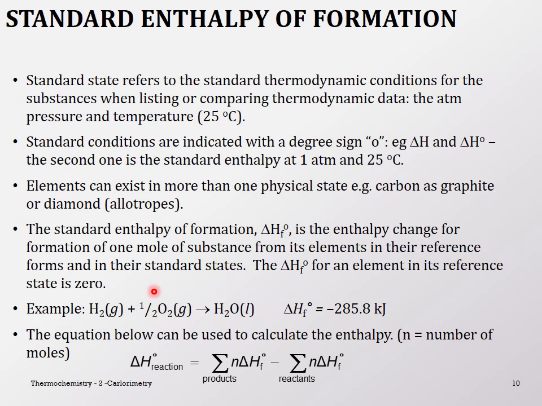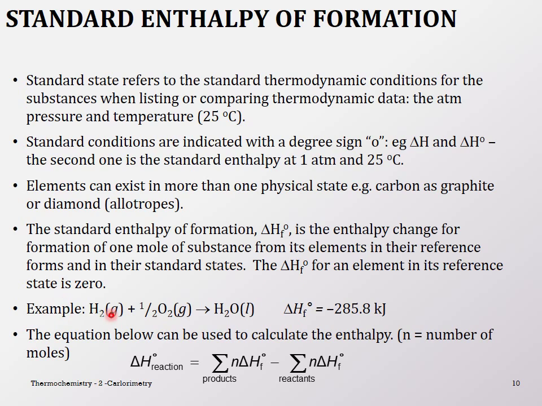So any kind of an element like that, all metals, sodium, potassium, copper, zinc, lead, it's going to be 0. Bromine, iodine, hydrogen, H2, all of these diatomic molecules, their value is going to be 0. All the other ones, they're going to have values. But in their elemental state, the delta H formation is 0.